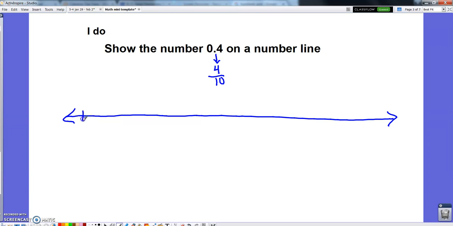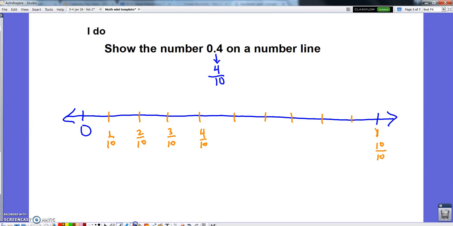So I'm going to make my number line. I'm going to go from 0 to 1. And I've got to partition it 9 times to get to 1. Remember, 1 is going to be 10/10. So I got 1/10, 2/10, 3/10, 4/10, 5/10, 6/10, 7/10, 8/10, 9/10, 10/10. And maybe I can do fractions underneath, if that helps you.